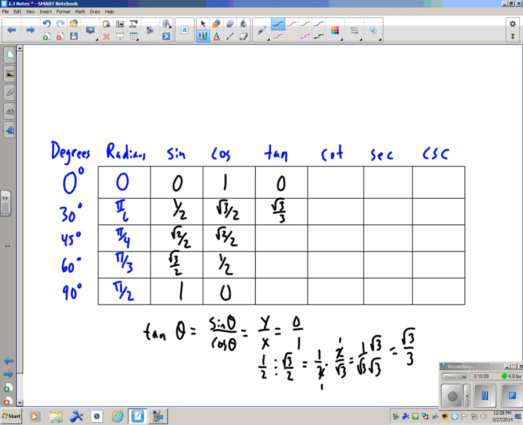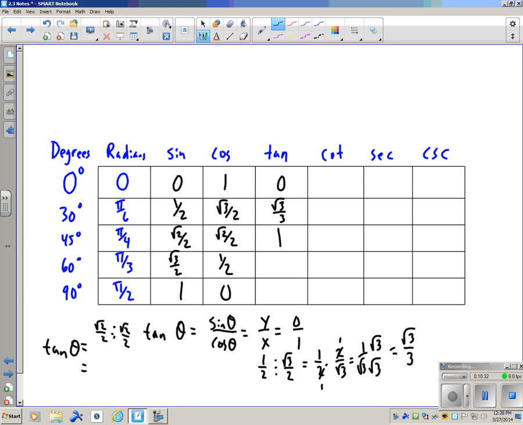Some of these are going to repeat after a while. So then 45. If I take the tangent of theta, it's my sine, which is square root of 2 over 2, divided by square root of 2 over 2. Well, something divided by itself is just 1.